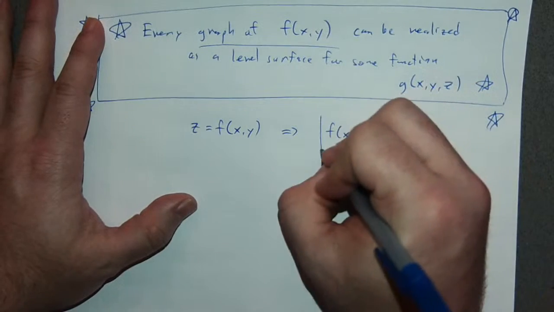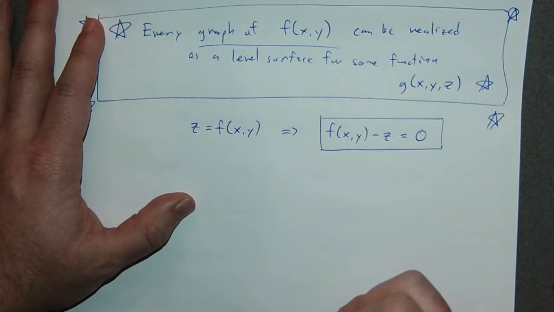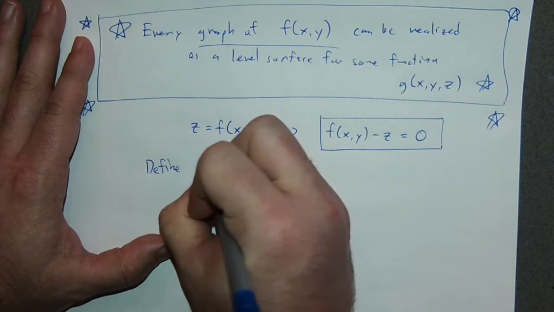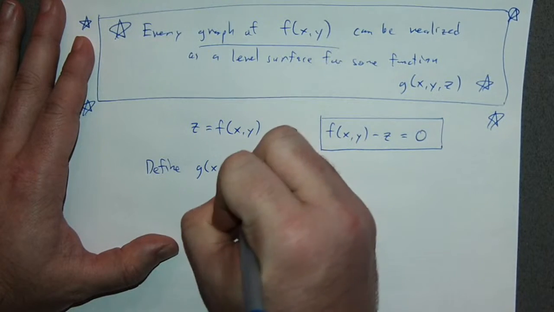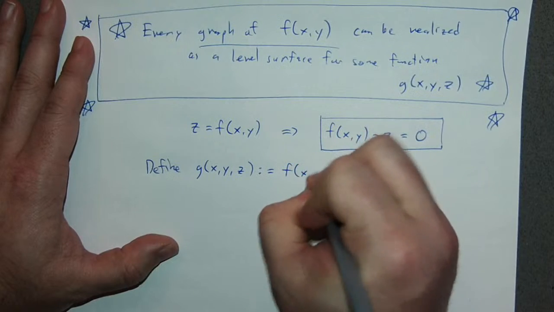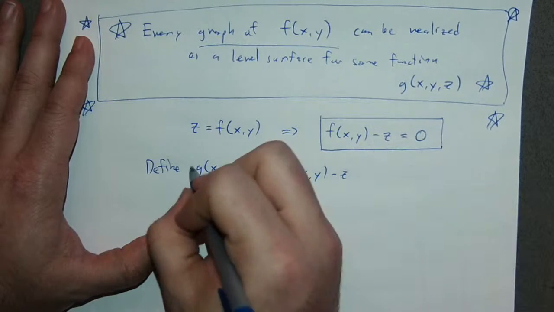Now you see where this is going. Define g of x, y, z to just be f of x, y minus z.